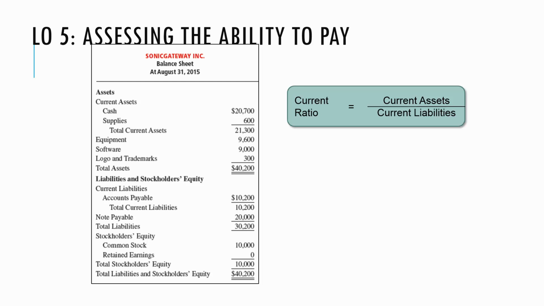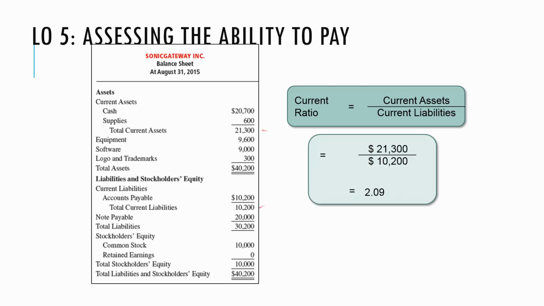A common ratio is the current ratio, which compares the amount of things that will be converted into cash with the amount of things which will be converted into cash payments. If you compare these, we would hope that we will have more current assets than current liabilities.